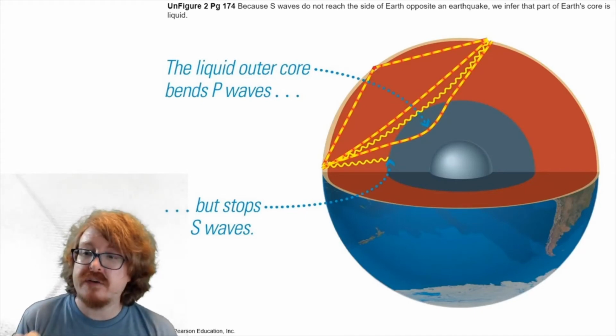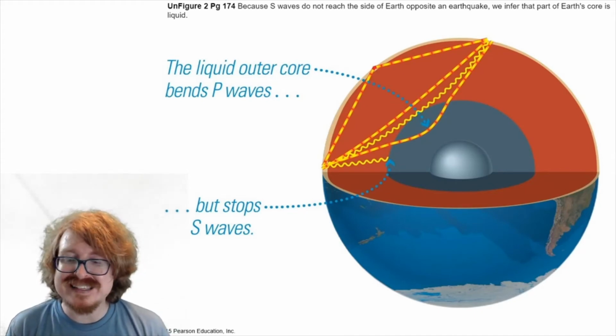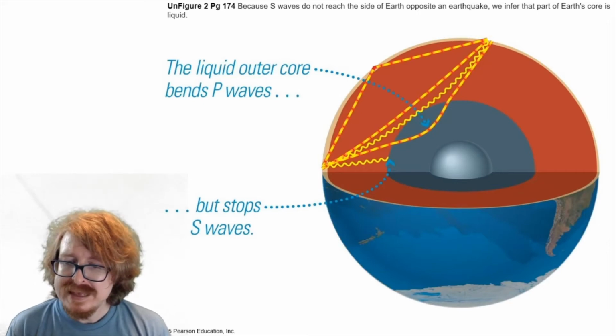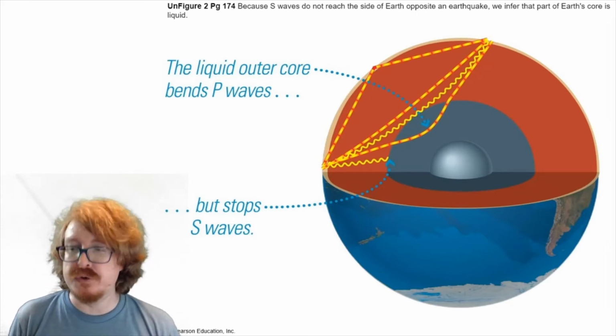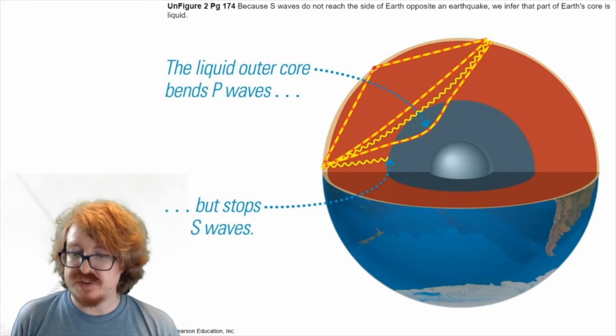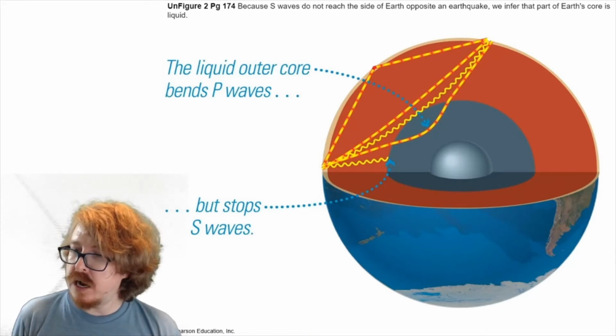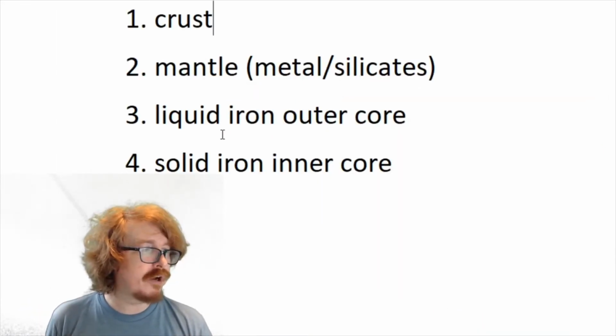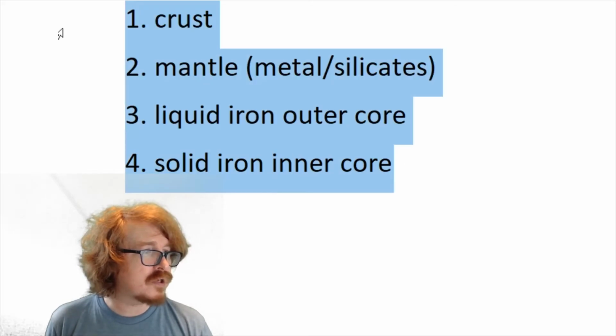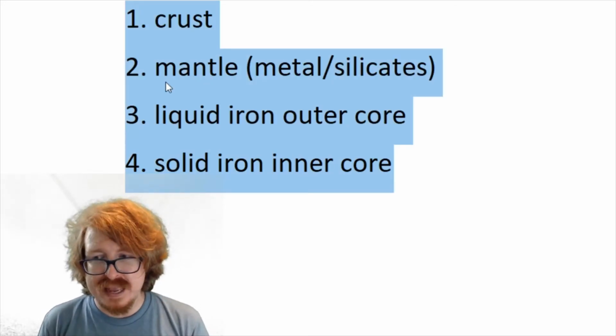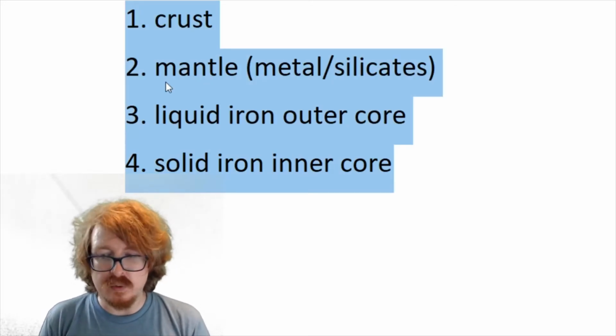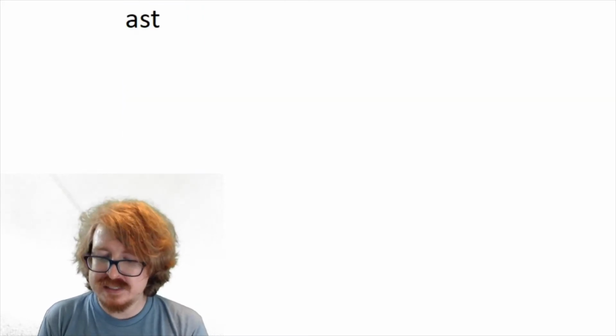So the very top of the mantle actually has its own name, and it's called the Asthenosphere. So if you go over here to my text, I'm going to type that out. The very top of the mantle, where it is the most liquid, is called the Asthenosphere.